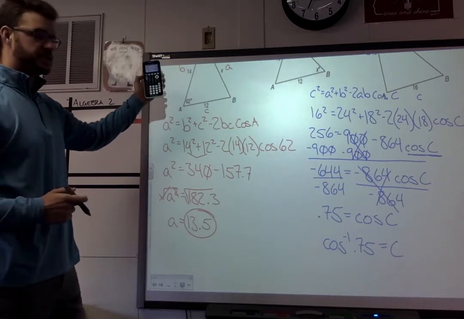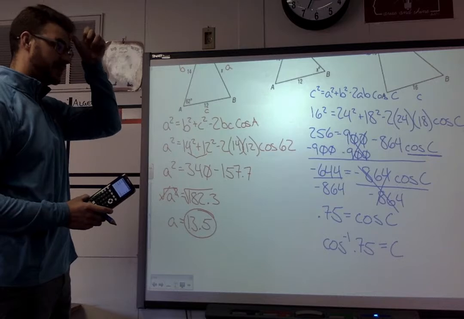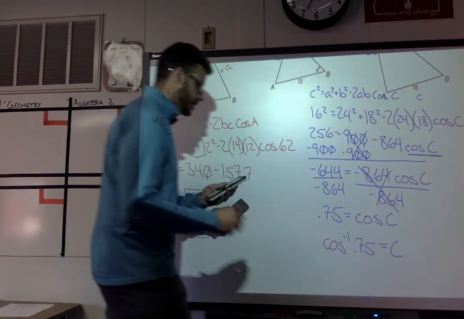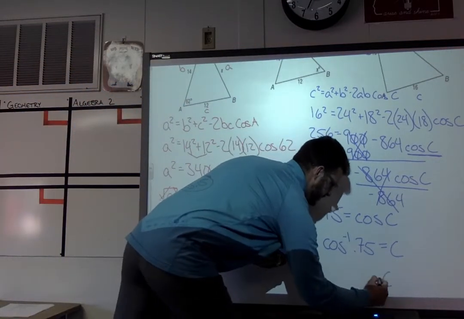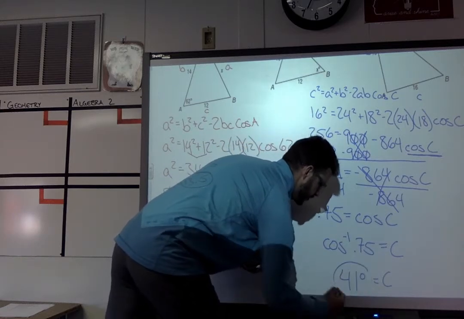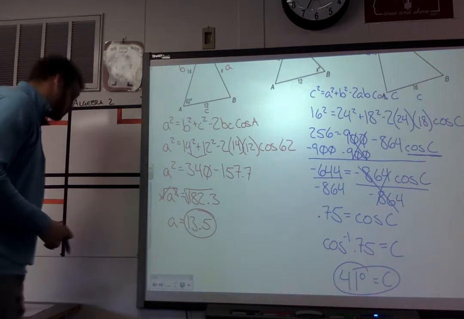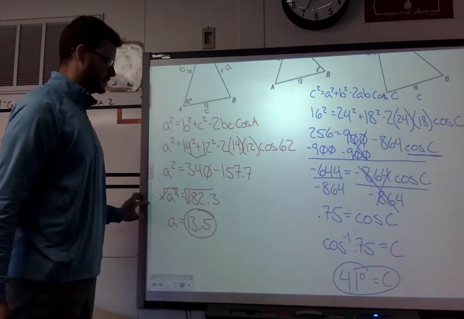And again, in the instructions, make sure you pay attention there. It told us to round each angle to the nearest whole number. So we would say that C is equal to 41 degrees. And that would be our answer there using the law of cosines.